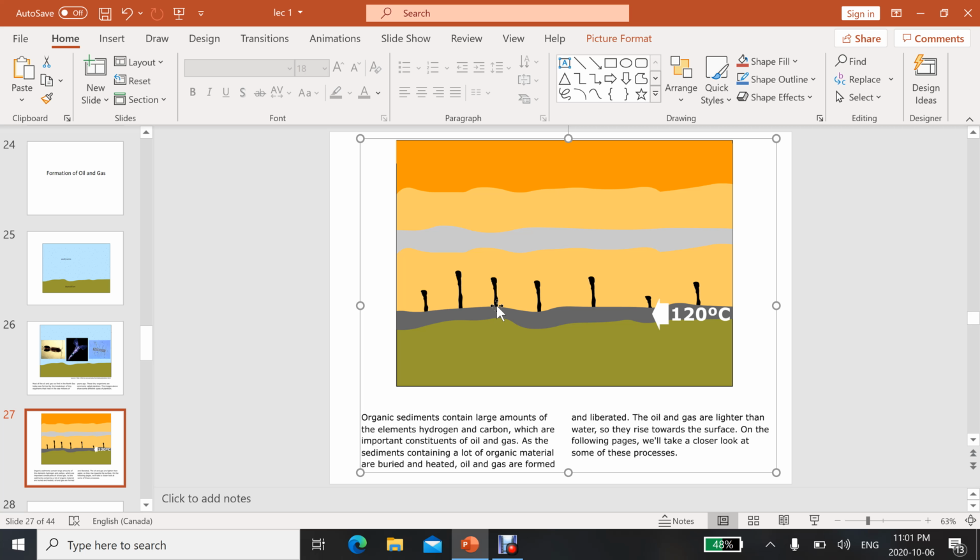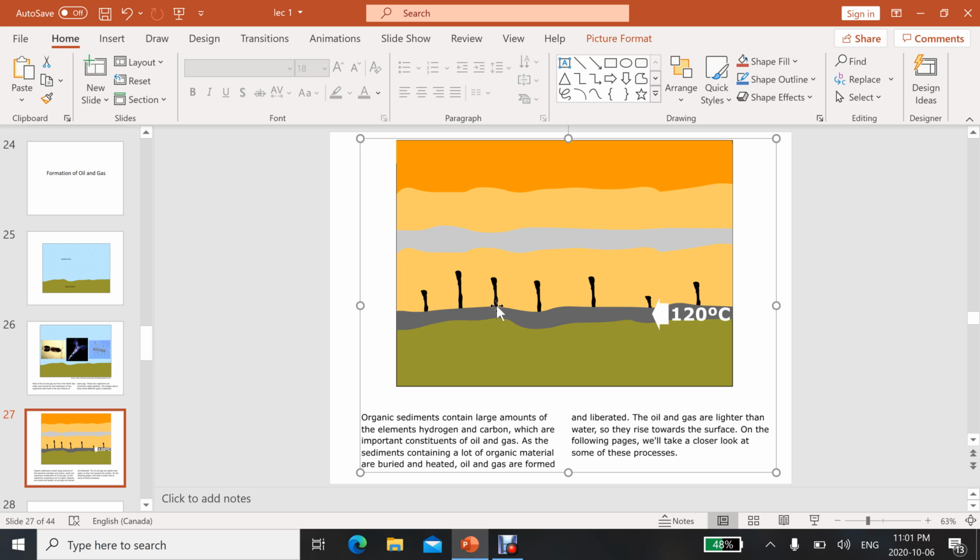Actually, this temperature range is for the oil window. If your buried organisms experience this range of temperature, they will ultimately convert into oil, or the organic material formed from those organisms will generate oil in this temperature range.